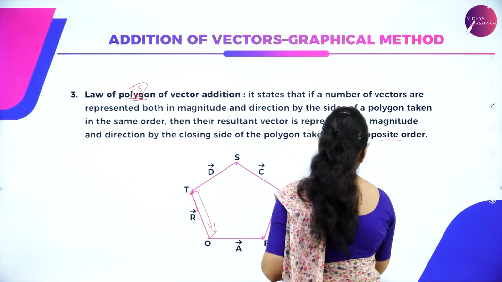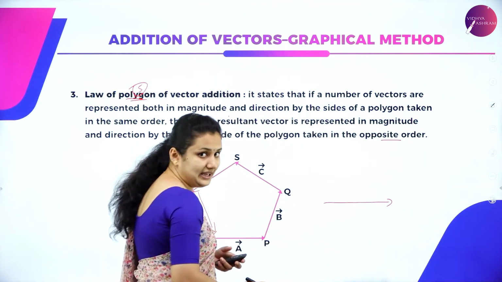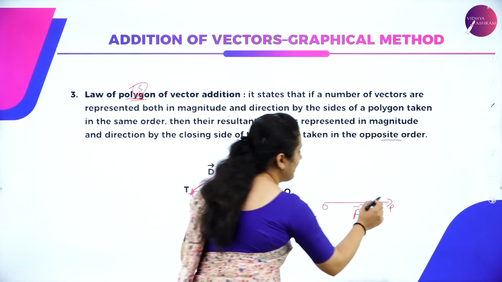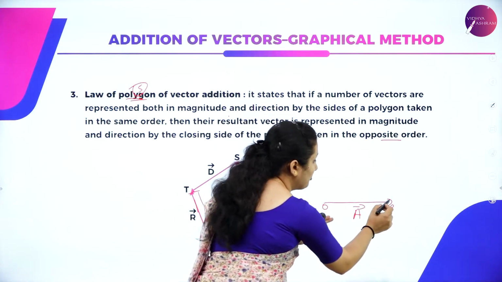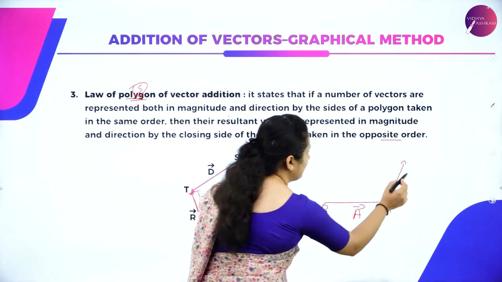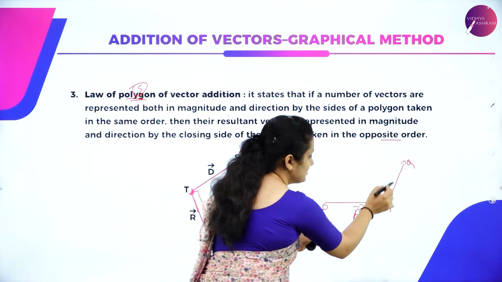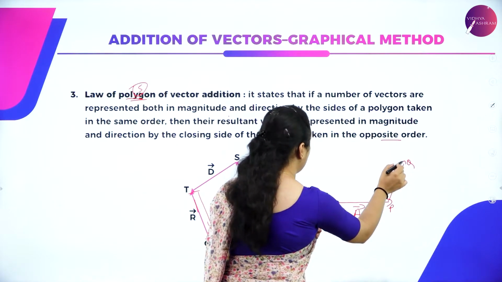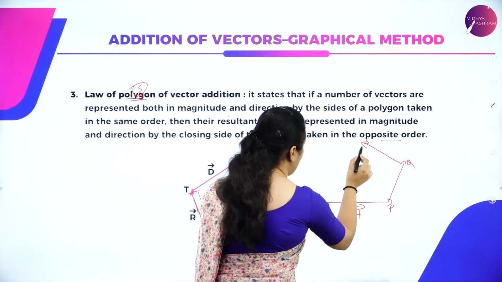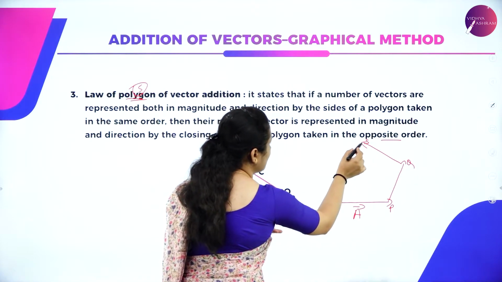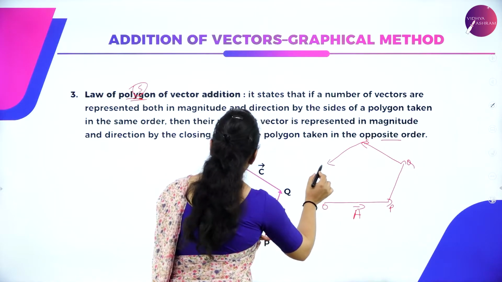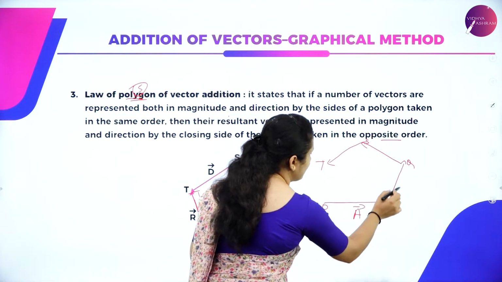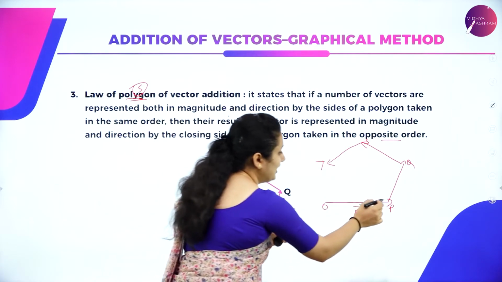Suppose you have an arrow OP, which is represented by a vector A, and again you have an arrow from the head of OP.